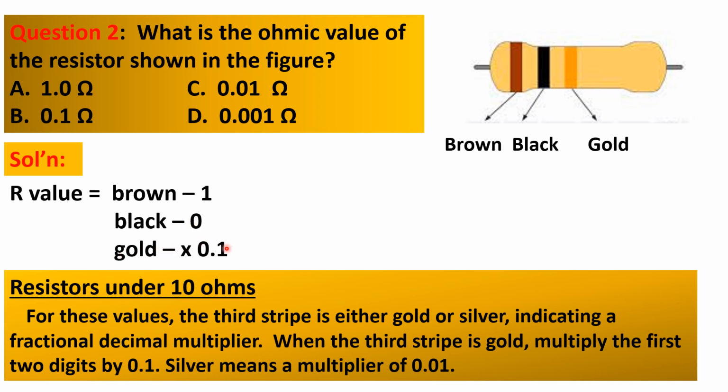So we multiply the first two digits by 0.1, and that would mean the actual value of the resistance for this resistor is 10 times 0.1 ohms, or exactly 1.0 ohm. There is no specified degree of tolerance.